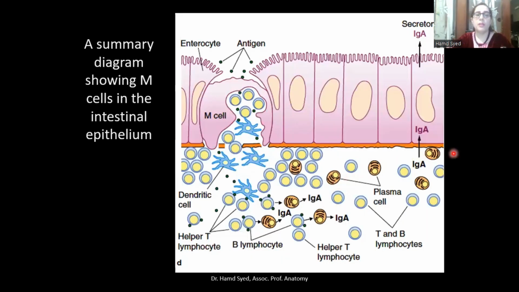Now here is a summary diagram showing us the basic structure and function of the microfold cells. So if you follow the pointer over here, this here is the large microfold cell. You can see on its apical portion, there aren't any microvilli, but you have the microfolds. And this is the portion which comes in contact with the antigens within the lumen of the small intestine.